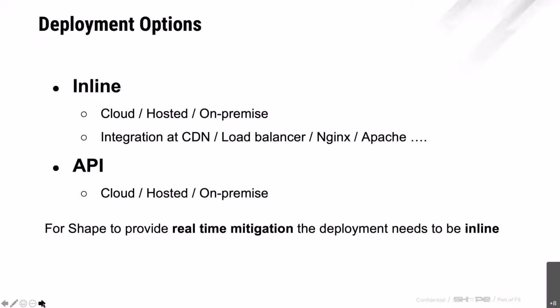So I've primarily discussed the fact that we would be in line, inspecting traffic in real time and also mitigating in real time. But we do also have an API option. So Shape is not in line. You basically utilize an API to send the signals to us. We send you a decision back, and then you can implement whatever mitigation you require.